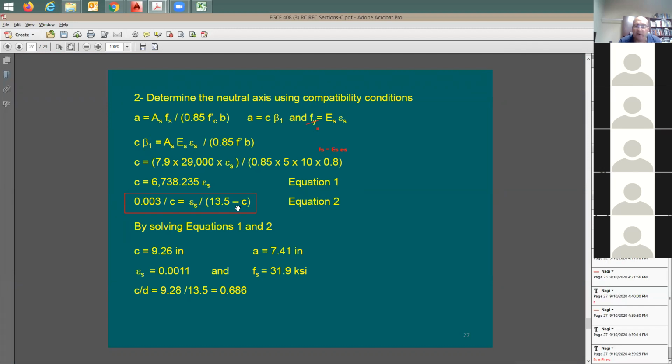It's going to be the exact same one. Let me confirm it to you, for other problems too. Yes, this is a standard equation that you can use. This is correct, it is the strain compatibility. And we got that from similar triangles.